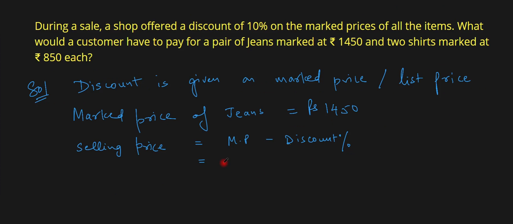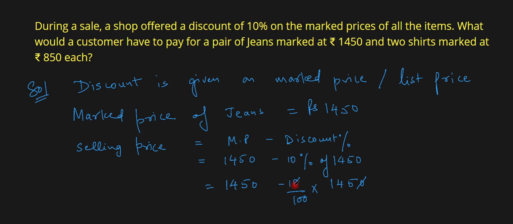What is the marked price? 1450. And what is the discount? Discount is 10% of 1450. So you can write 1450 minus 10% of 1450.